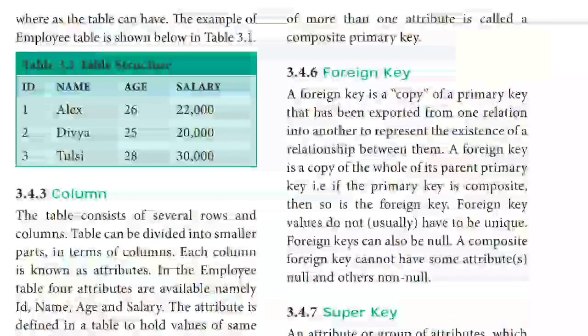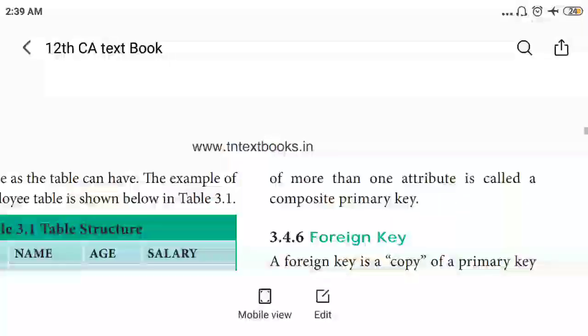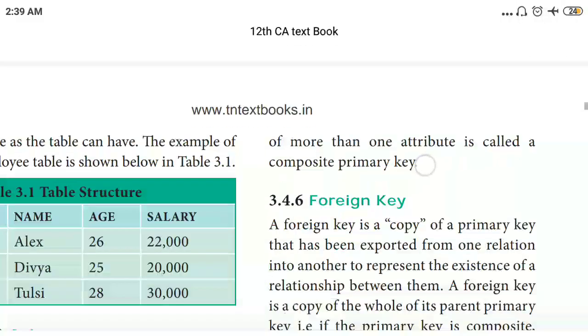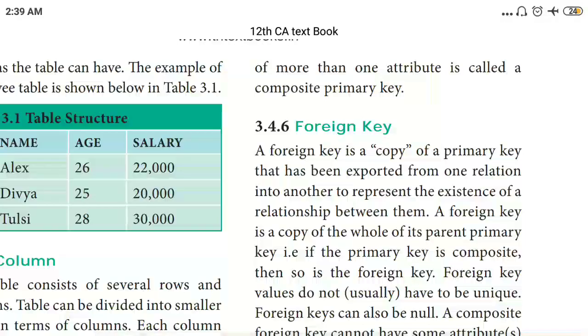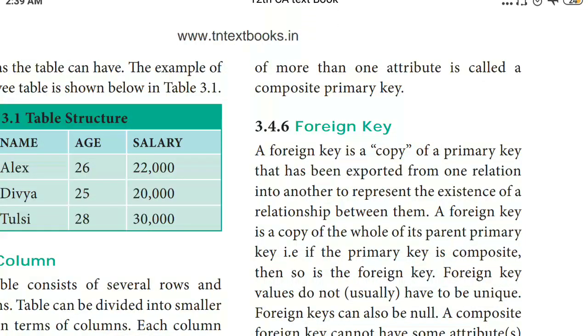Next is foreign key. A foreign key is a copy of a primary key that has been exported from one relation into another to represent the existence of a relation between them. A foreign key is a copy of the whole of its parent primary key.